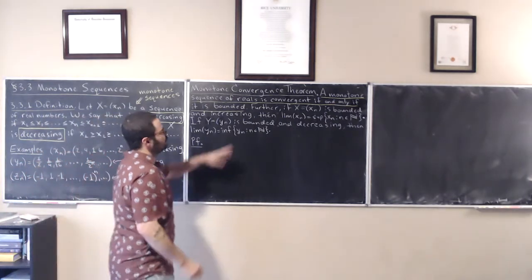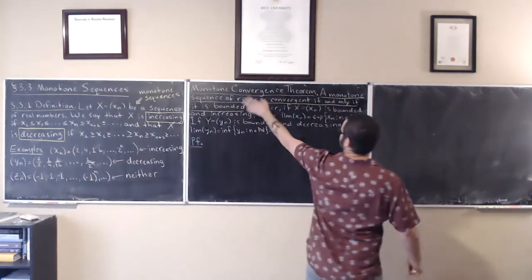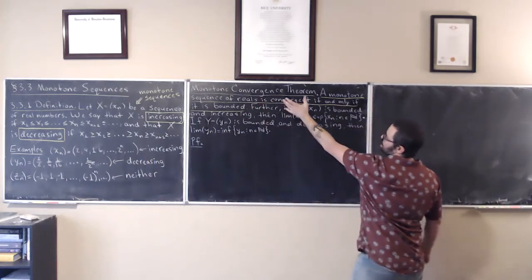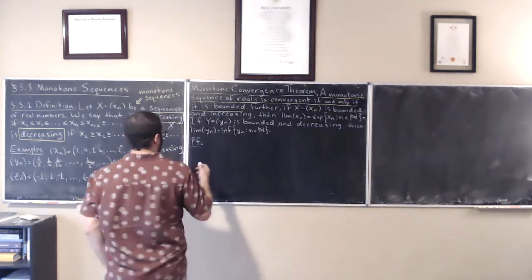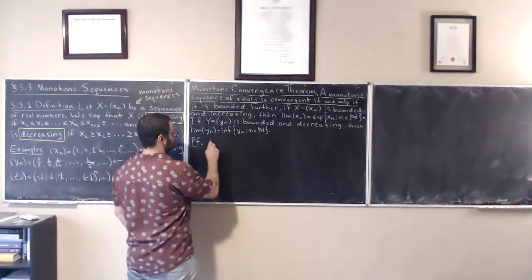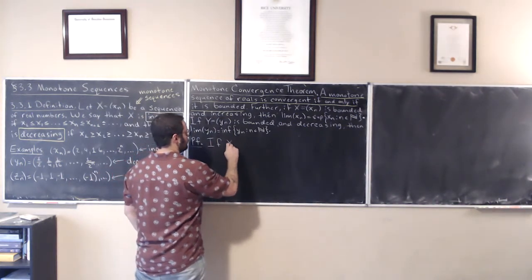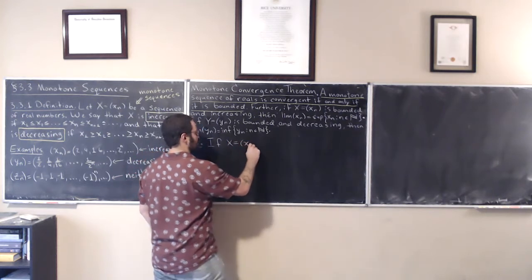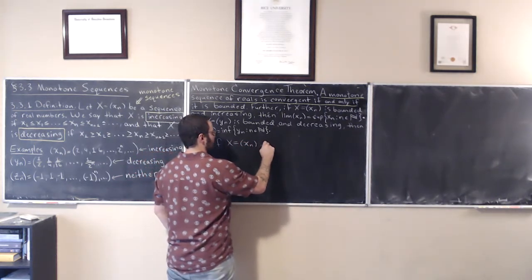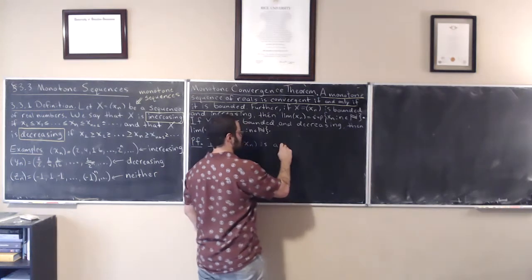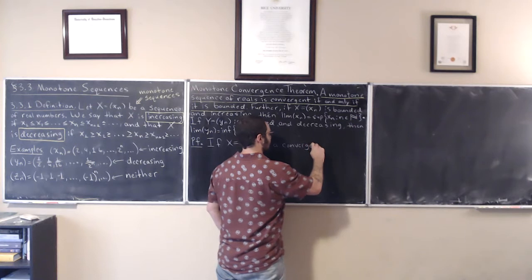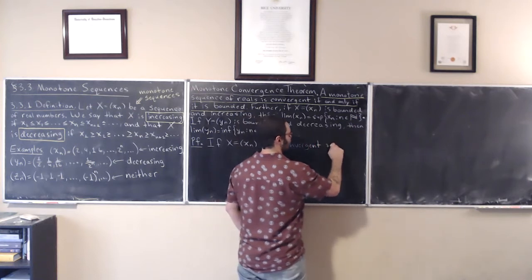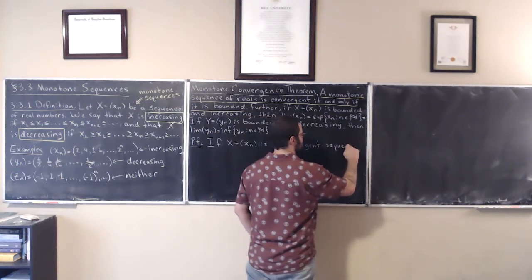Now, it's a biconditional statement, so a monotone sequence of reals is convergent if and only if it's bounded. We proved in a previous lecture that, so I'll just write it out. If x is a convergent sequence, then it is bounded by a previous theorem.